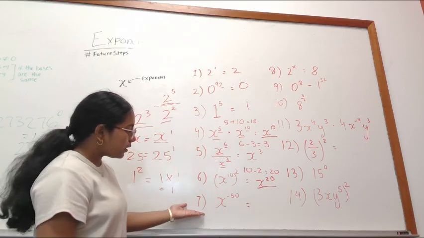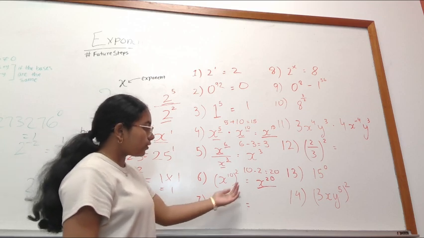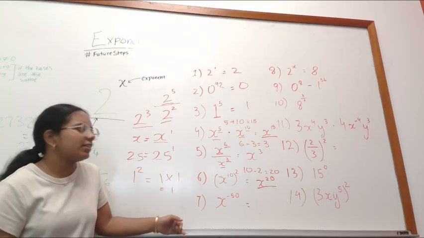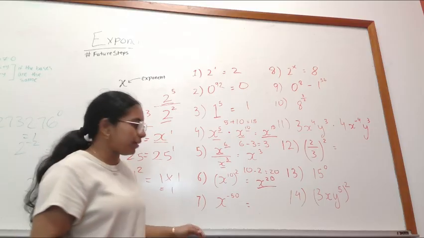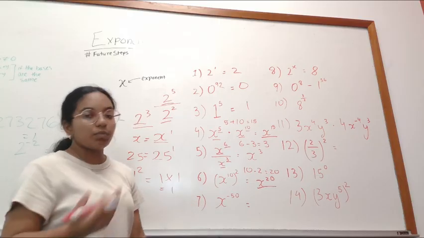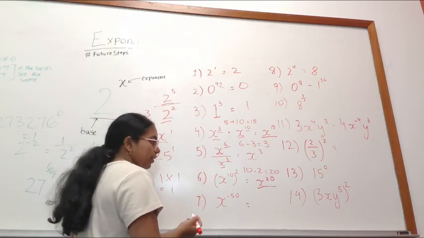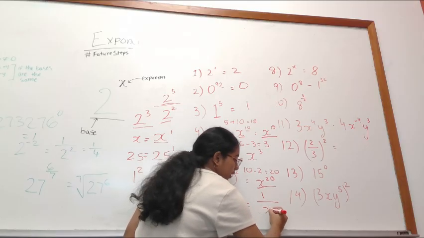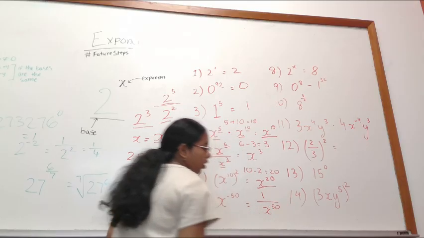Now, number 7 is x to the power of negative 50. Of course, you cannot find an exact value because it's not a number, it's just x. But let's just write it in variable form, right? According to the rule, it's 1 over x, and then you convert it into a positive.